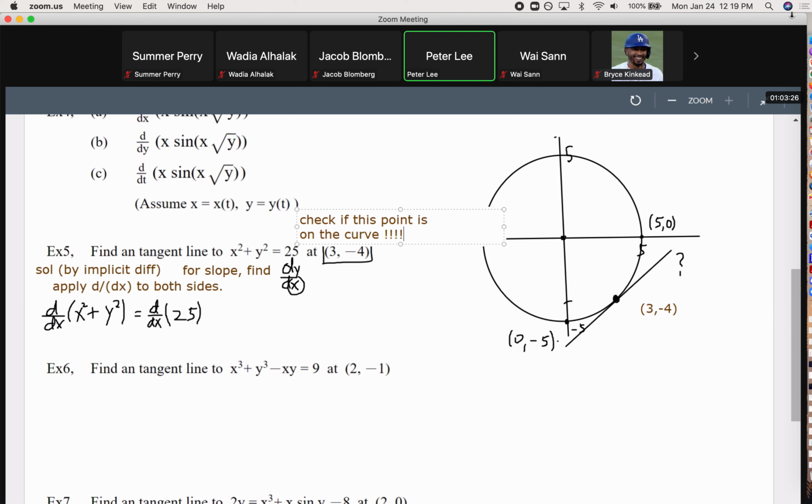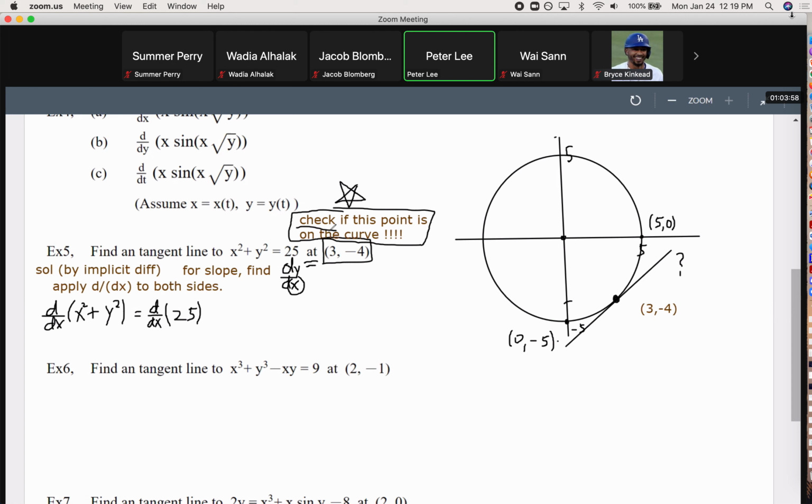Usually when I say a curve at something, and if I use the word at, then that means the point is actually on the curve. Or otherwise, I will say find the tangent line to the curve, which passes through a point. When I say passes through something, then the first thing is you have to verify. There's no formula here. Check, check, check. Start here. You must check.